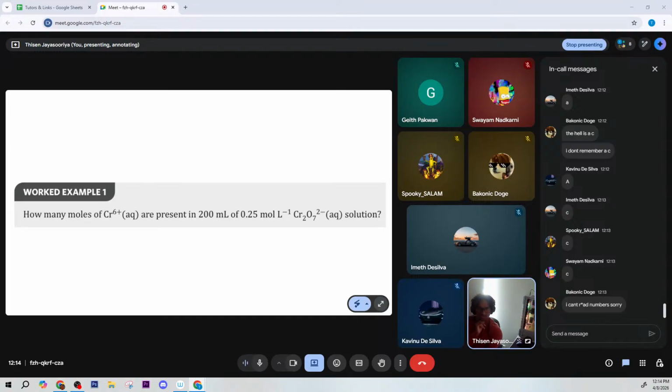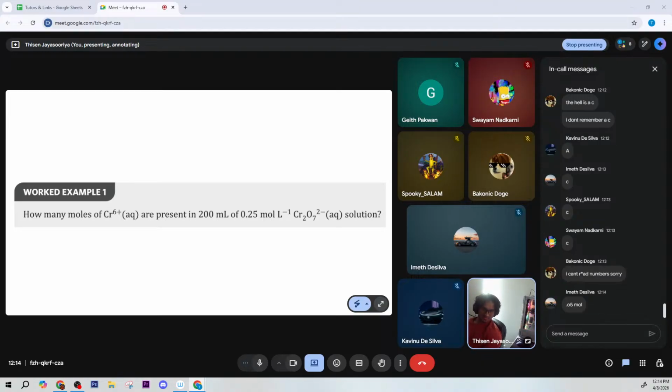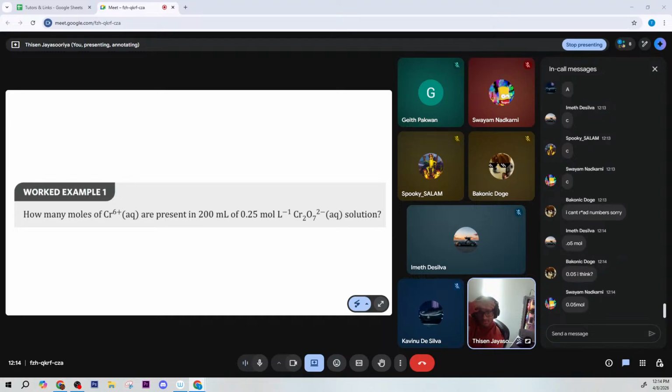Type your answers into the chat, or if someone wants to call it out, they can. This is just me checking if you guys remember. 0.05 moles, yep. Everyone else agree with that? Yeah, 0.05, perfect.